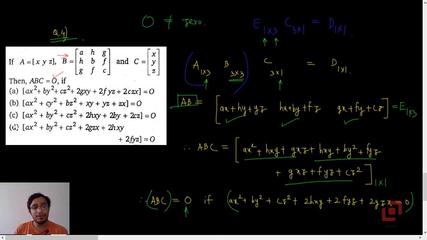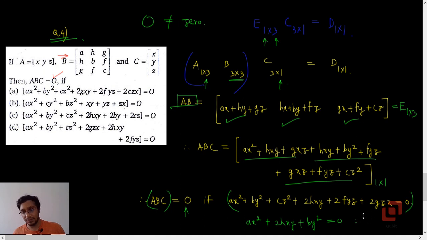But if you remember the first part of this chapter, pair of straight lines, then you have this equation. Let me write it in the green color now. AX squared plus 2HXY plus BY squared equal to 0. Now what do you call this equation?